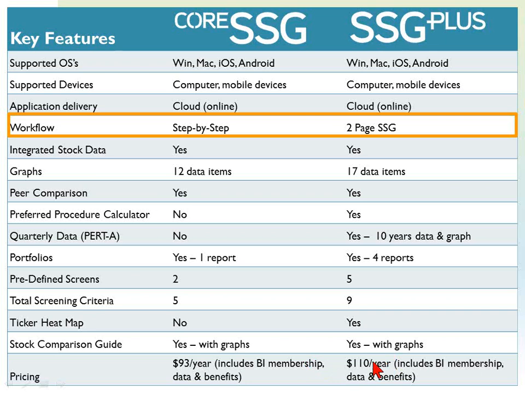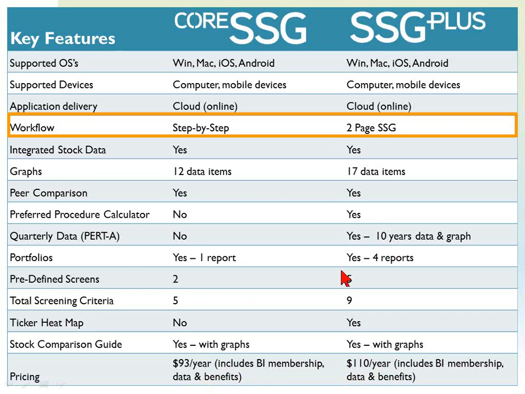If you're a club member, you pay a club member fee, and then there's an incremental cost for a tools membership, core or SSG Plus. Regardless, it adds up to either $93 a year or $110 a year. Although I will tell you, it pays to be part of our email list because we often have specials, and to make this number or these numbers, you get a discount.